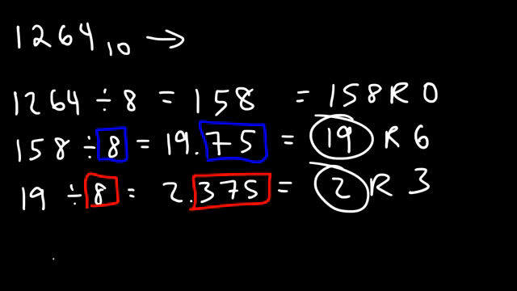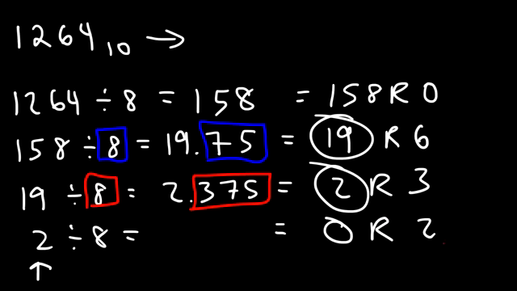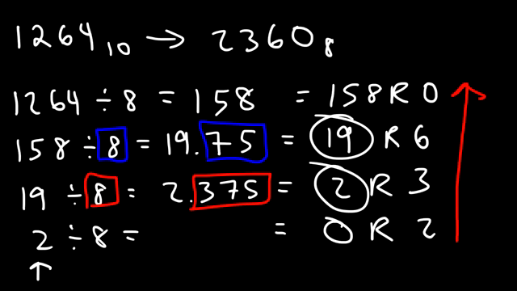Now let's take the 2 and divide it by 8. So 2 is less than 8. Therefore, 8 goes into 2 0 times with a remainder of 2. So now let's read it this way. So it's 2360 base 8. So this is our answer in the octal system.